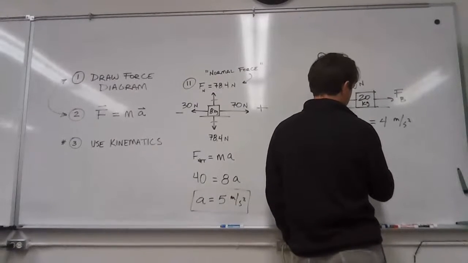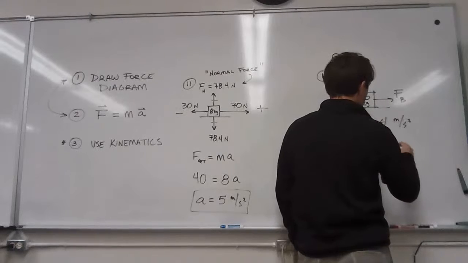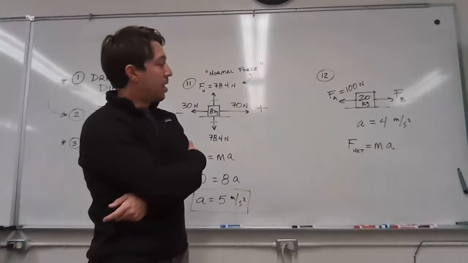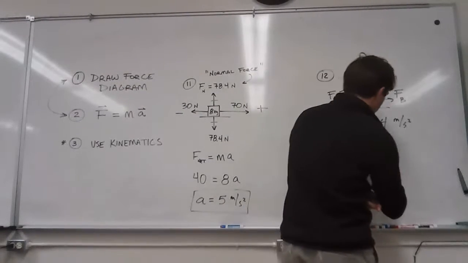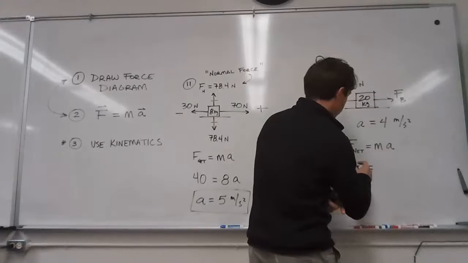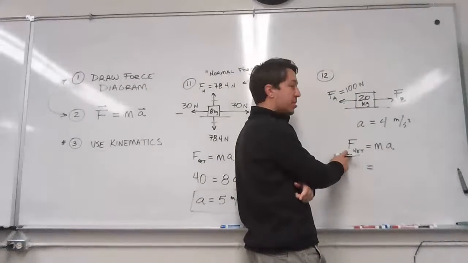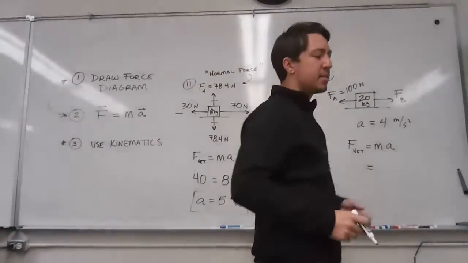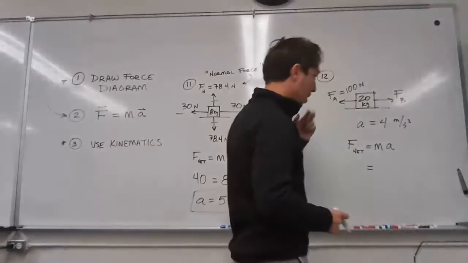So we write the formula, F net equals ma. We're going to find the net force. So write the formula. And then there's sort of two approaches here. One is to replace this variable with an expression. By the way, this is important: is it accelerating to the right or to the left?